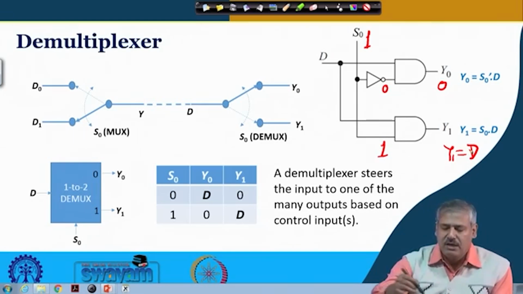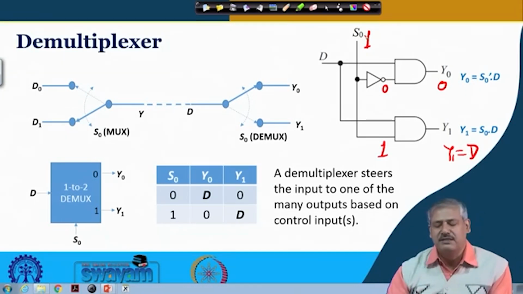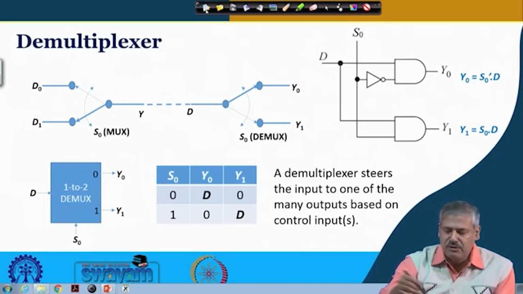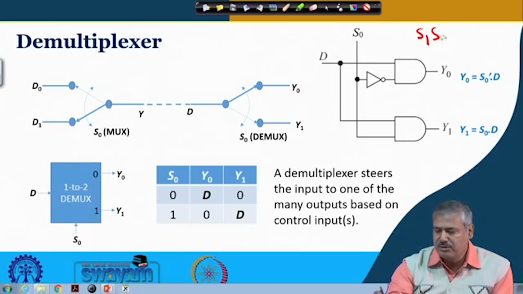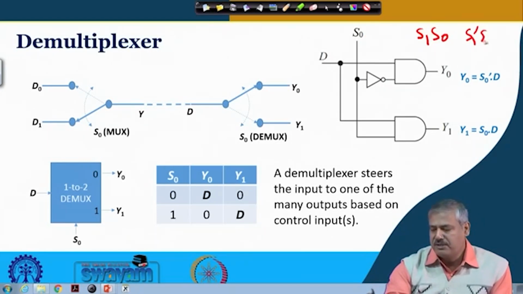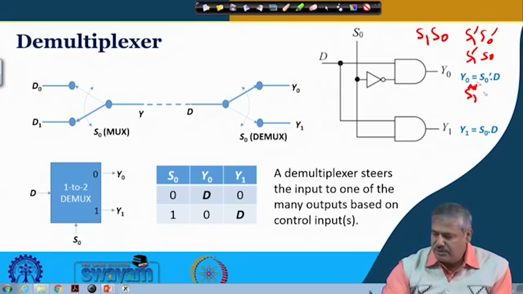If it is a 1 to 4 demultiplexer, similar to what we had seen in the case of multiplexer design, we shall have two control inputs S1 and S0, and from them we will generate S1 prime S0 prime, S1 prime S0, S1 S0 prime and S1 S0.